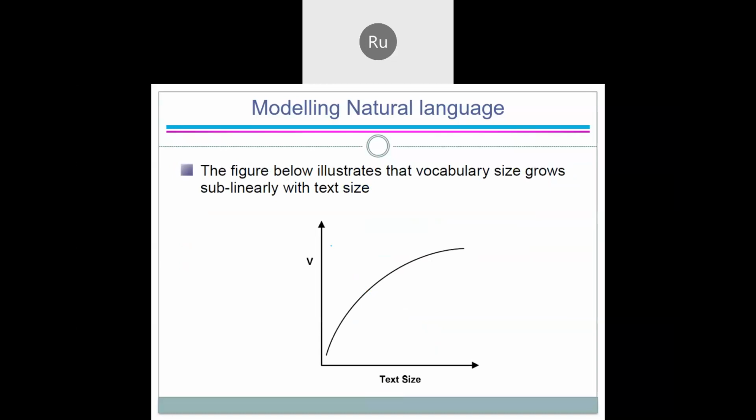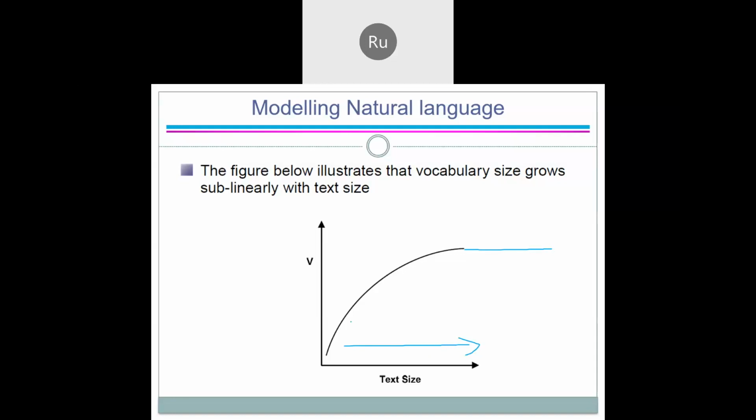And also we have this text size. As the text size, or the number of alphabet, increases, we have this graph, because what they're saying is that the number of vocabulary that we can produce as the text size increases will get smaller, smaller, and smaller.